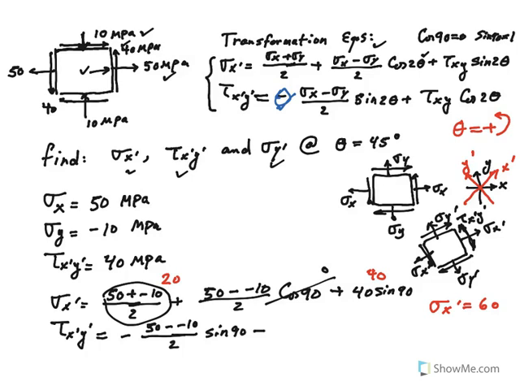And we can forget about the next term because it's 40 cosine 90, and 40 cosine 90 is 0. And be careful, this becomes positive 30 with the negative outside, so it becomes a negative 30. Sine 90 is 1. So tau x prime, y prime becomes negative 30.